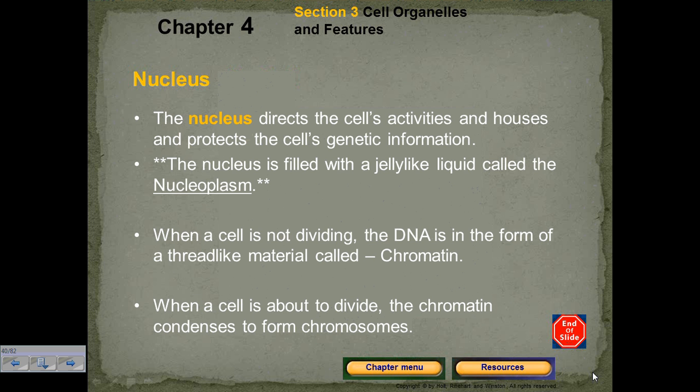It says the DNA molecule is the main molecule found in the nucleus, and you need to know chromatin is when the cell is not dividing, and chromosomes is the dividing state of DNA.